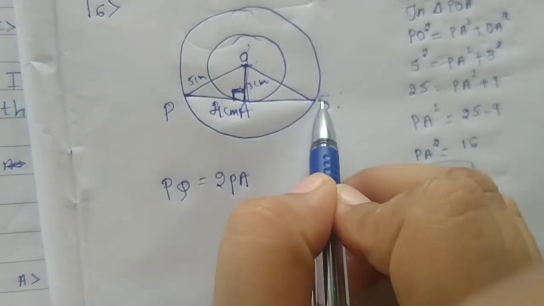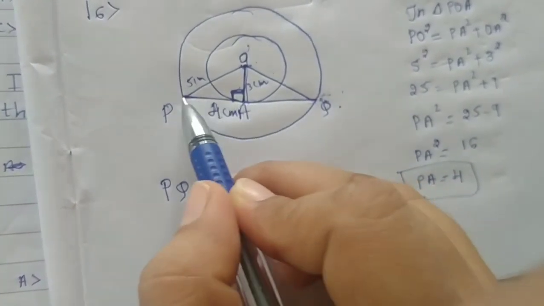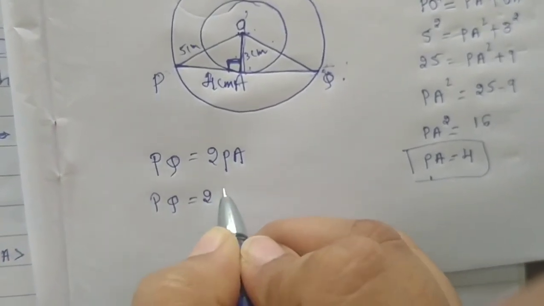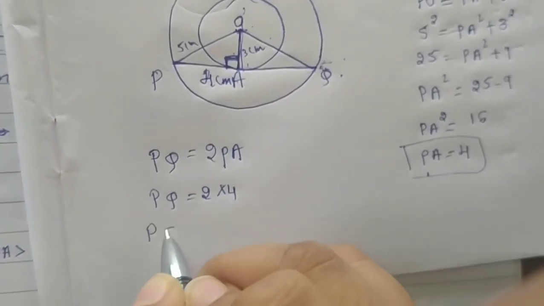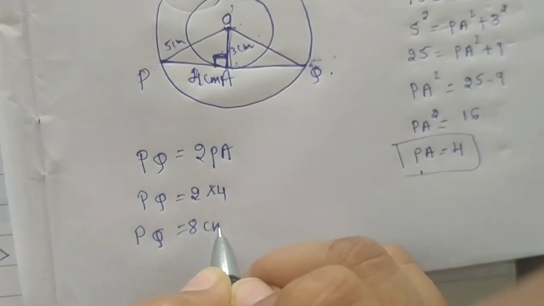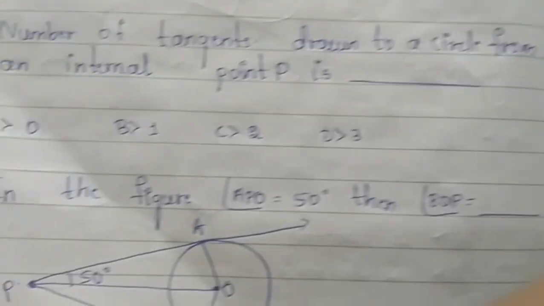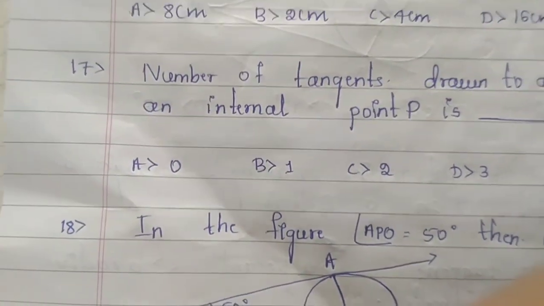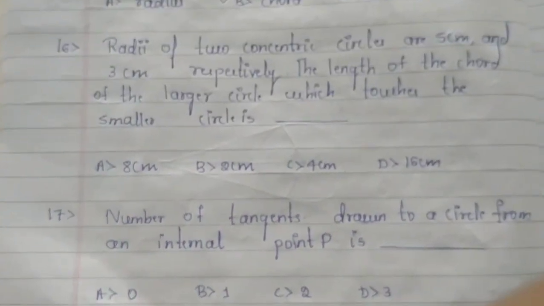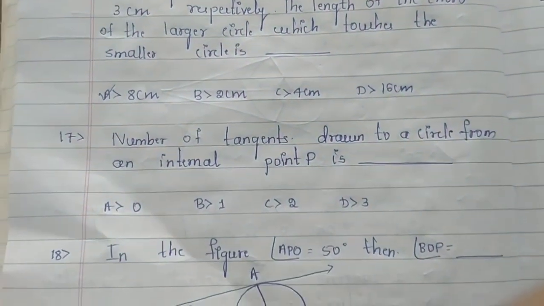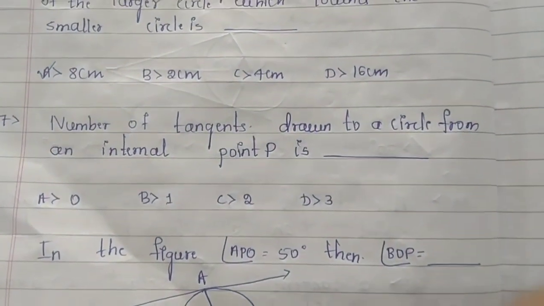So PQ equals 2 into 4. The value of PQ is 8 centimeter. So the correct option is 8 centimeter, option A.